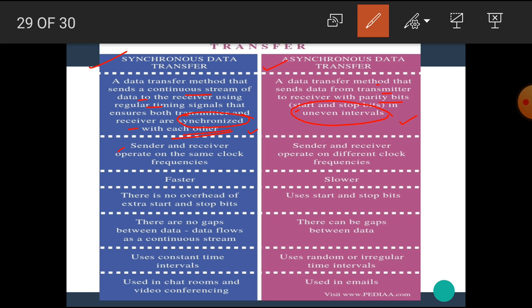Sender and receiver operate on the same clock frequency in synchronous data transmission, whereas they operate on different clock frequencies in asynchronous data transmission. Synchronous data transmission is faster than asynchronous.